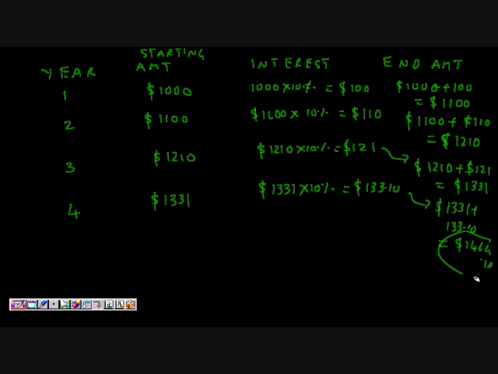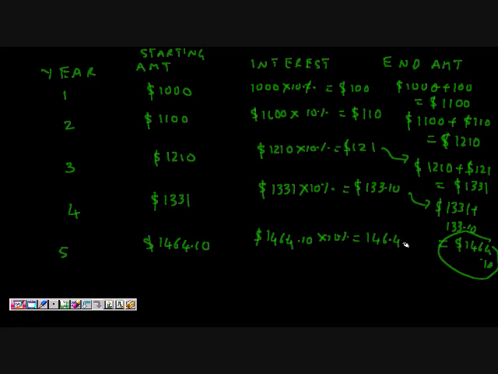Now if you're calculating the amount for the fifth year, the beginning amount will be 1464.10 and the interest will be 1464.10 into 10%, which is 146.41.